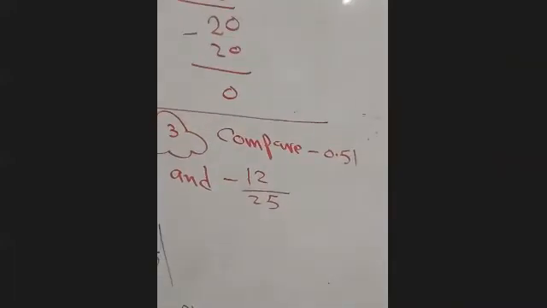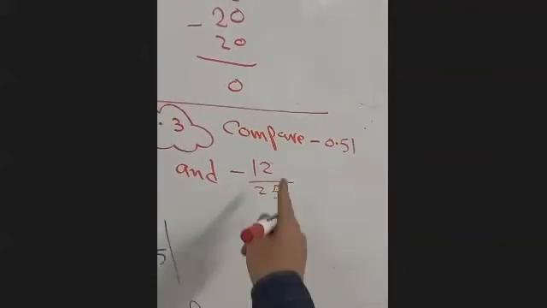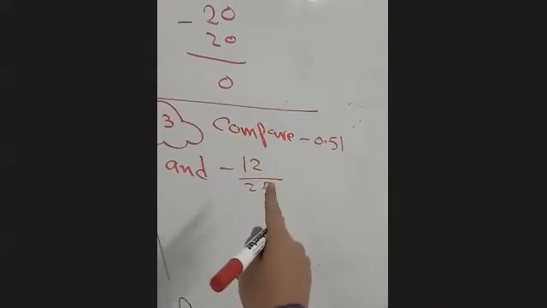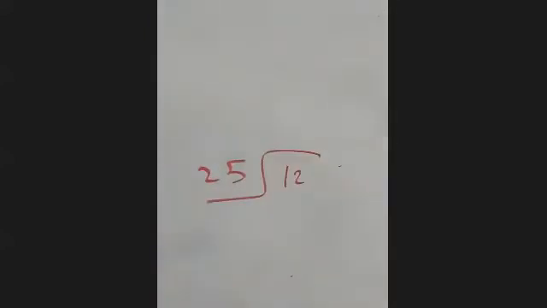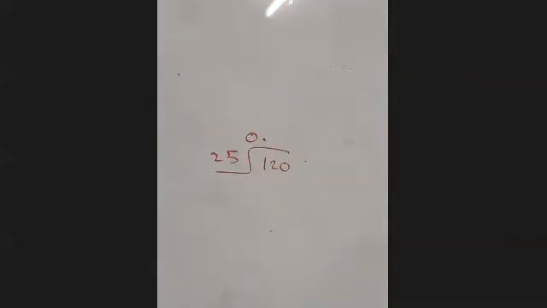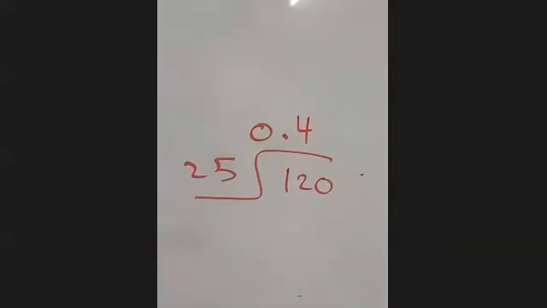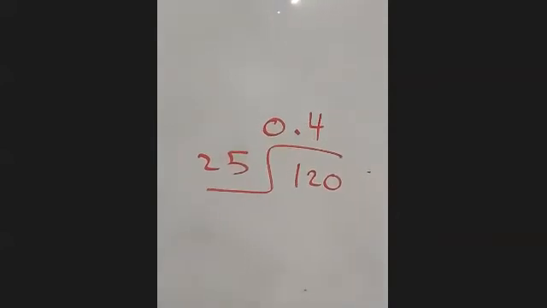To compare, guys, here we have a decimal, and this one is a fraction. Let's turn this fraction to decimal. 12 divided by 25. Now 12 cannot be divided by 25, so we write 0.0. Now 120 divided by 25 is 4, because 5 times 25 is 125, which is bigger than 120.